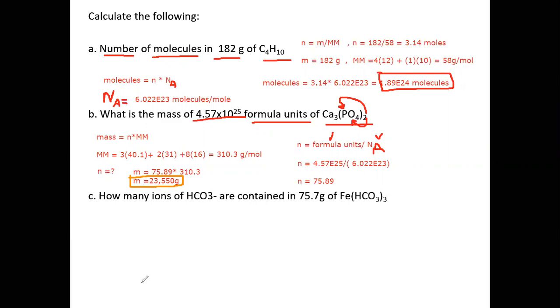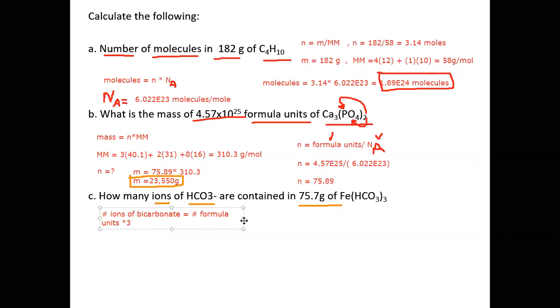Now, in the last example, we want to know how many ions of bicarbonate are contained in 75.7 grams of iron 3 bicarbonate. So we want to know the number of ions, we know that's equal to the number of formula units times 3.